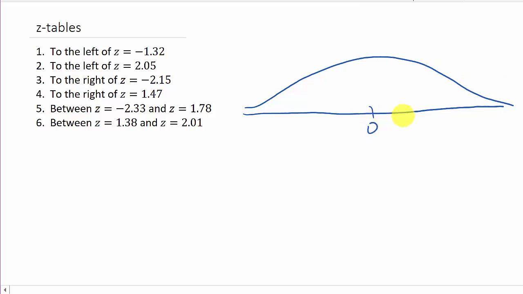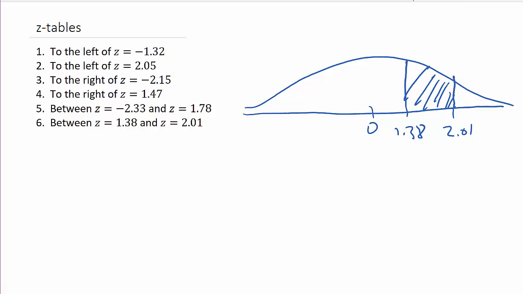So now the last problem. We've got 1.38 and 2.01, so we're looking for this area here. When I look up the 1.38, that gives me the area from here back to 0. But what I'm looking for is the one in between.